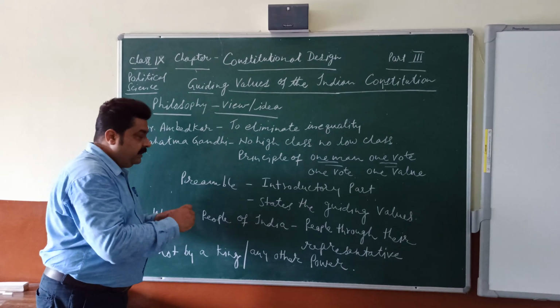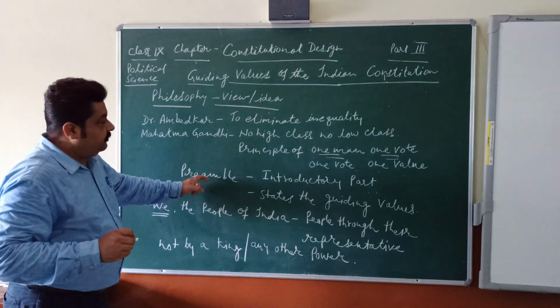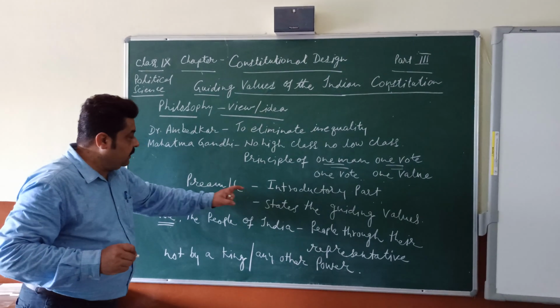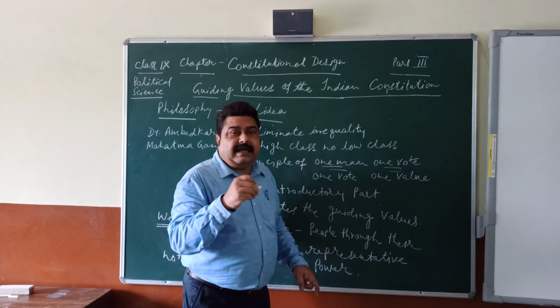There was no such power, there were the people's representatives. That's why the preamble, which is an important part of the Constitution, begins with the word we. Now we shall discuss the other values.